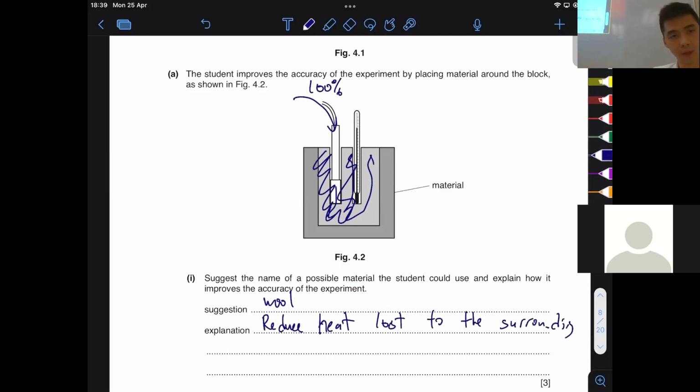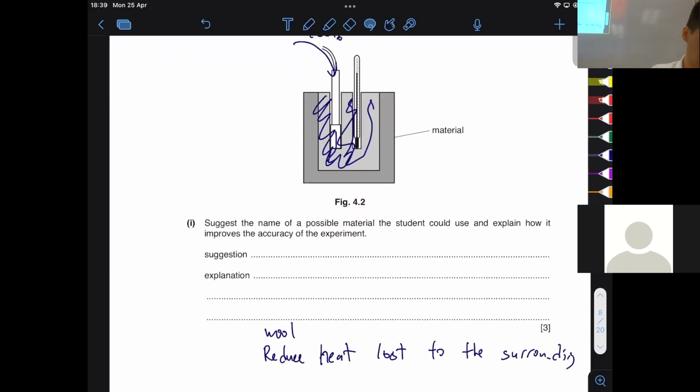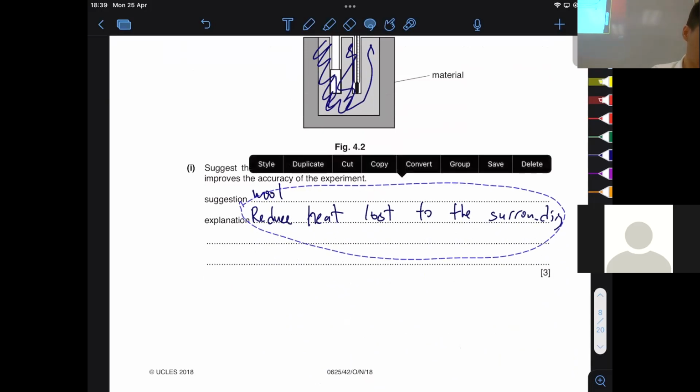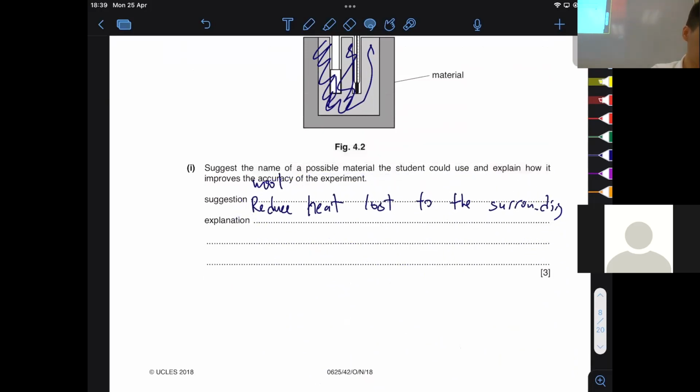Oh, actually, sorry, let me rephrase that, guys. They're supposed to say: reduce heat loss to the surrounding as wool is a good insulator of heat.